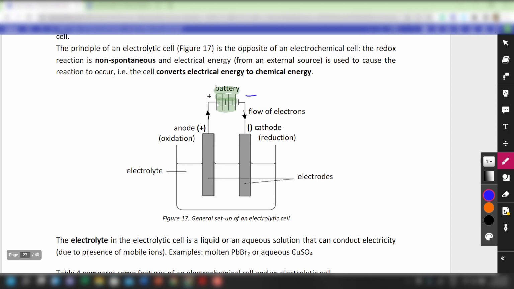So for example, your electrolyte must contain mobile ions. The examples we gave you here are molten lead bromide or aqueous copper sulfate.